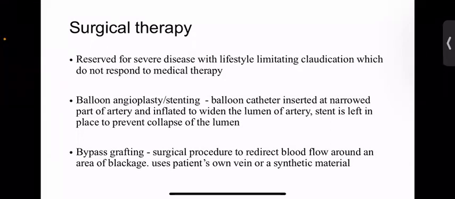The differential diagnosis of PAD. Some of the differential diagnoses I know are diabetic neuropathies and diabetic foot ulcers, especially when there's ulceration from peripheral artery disease. I also know of Buerger's disease or thromboangiitis obliterans.